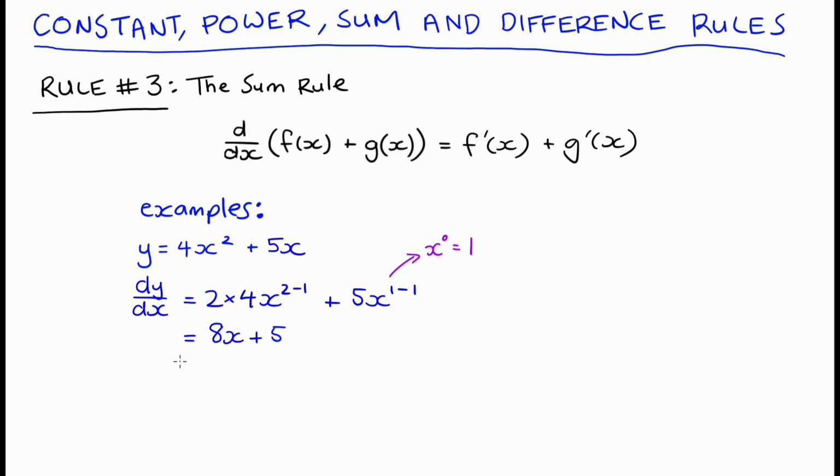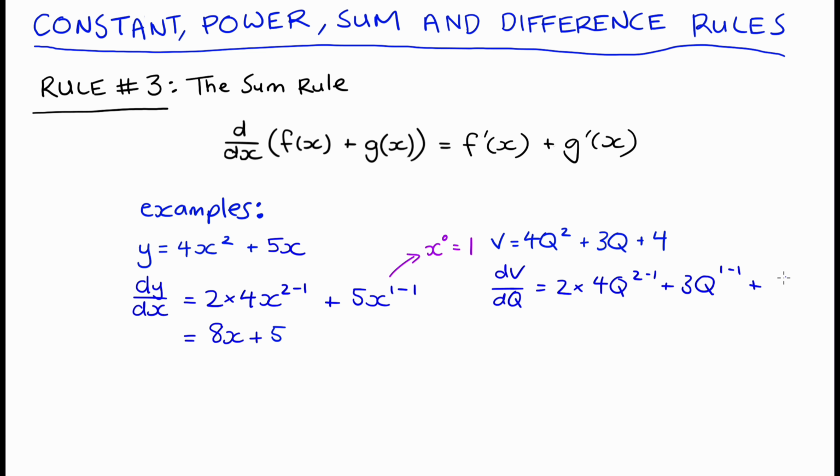All right, another example. If v is equal to 4 times q squared plus 3q plus 4, well, the derivative of v with respect to q is going to be equal to, the 2 comes out the front, 2 times 4 times q to the power of 2 minus 1, and then we add the derivative of 3q, which is going to be equal to, well, we just have 3 times q to the power of 1 minus 1, which is equal to 0, so that q will drop out, plus the derivative of 4. 4 is just a constant, so the derivative of 4 is equal to 0.